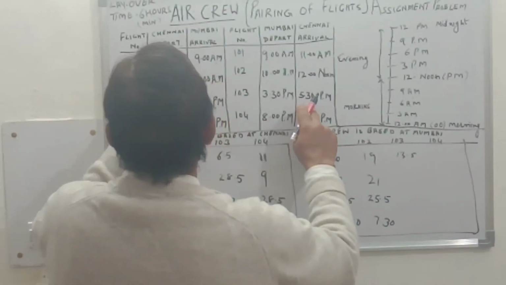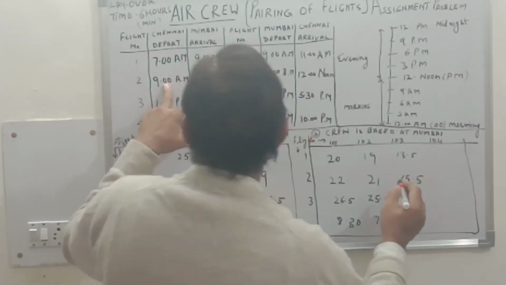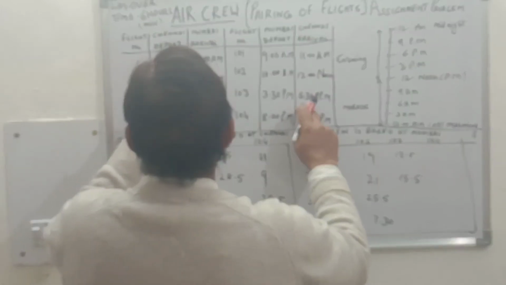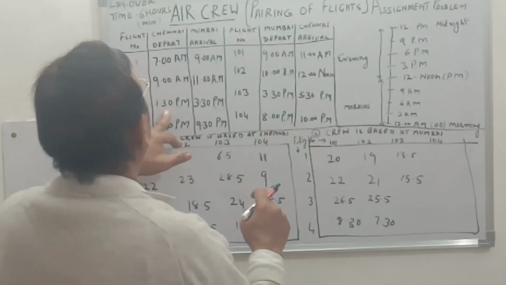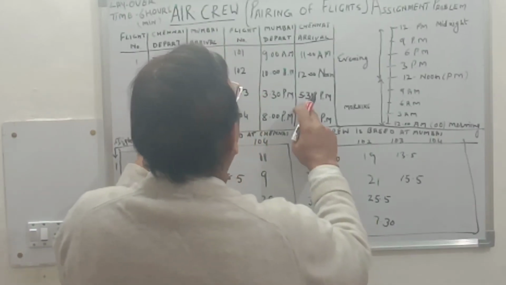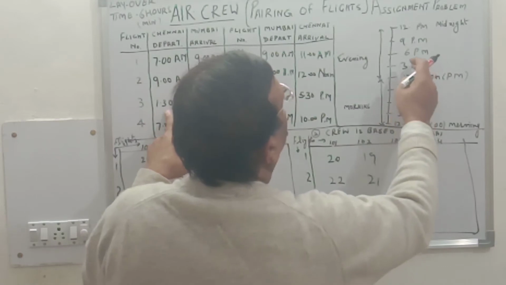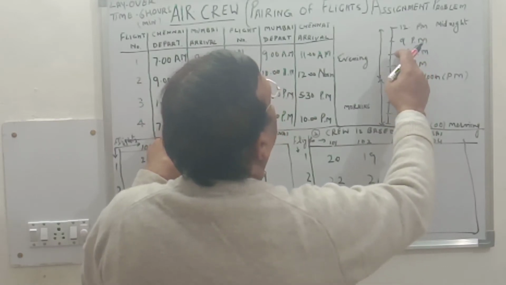Then 5:30 to 9, 2 hours more. Then 5:30 p.m. to 1:30 p.m. means you are here and 1:30 p.m.